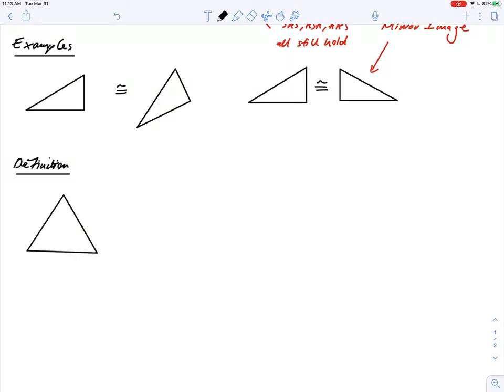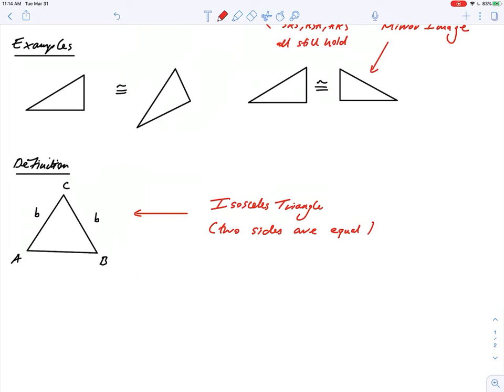So if I have A, B, C here, let's label this length B and this length B. This is an isosceles triangle. Two sides are equal. So this is the definition.